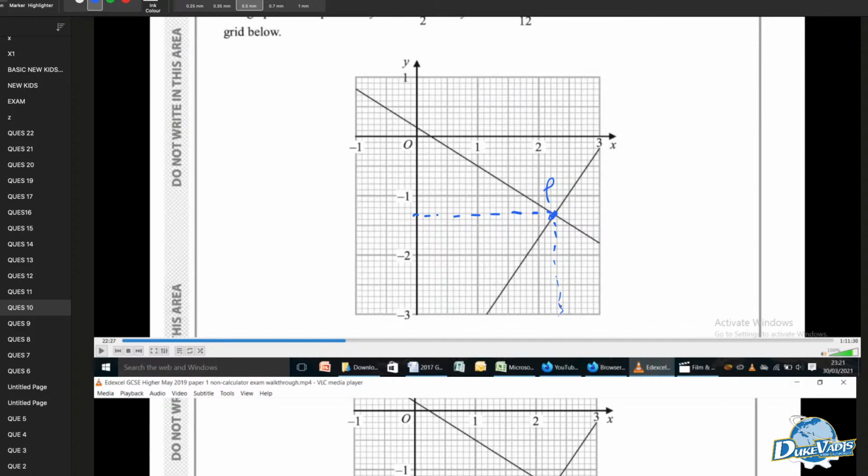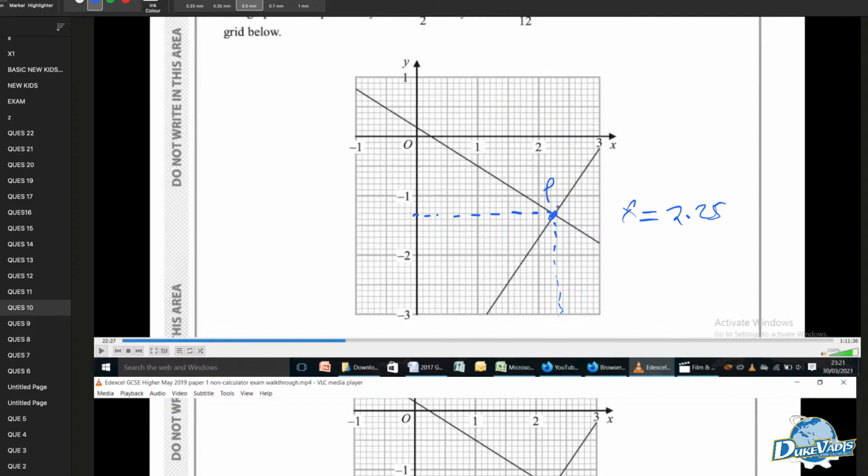If you read it very carefully, you will see that our x value will be 2, and we are at 2.25. So x will be 2.25, and this is the value of x.